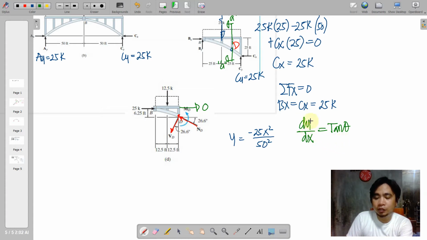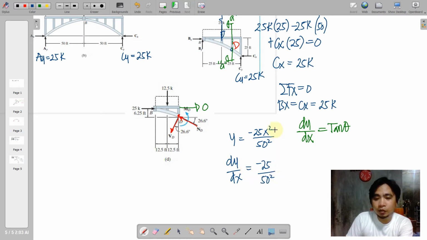That is why this is rise all over run, or vertical all over horizontal, which is actually the slope, equal to tangent theta. So we differentiate y with respect to x, and that becomes dy over dx.